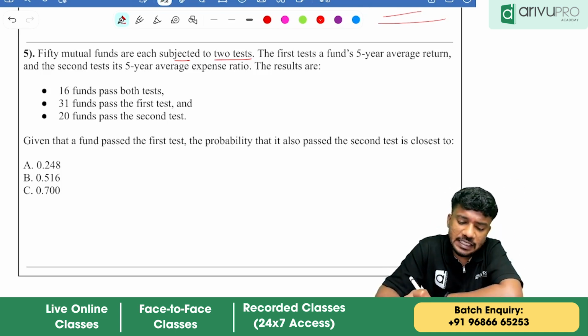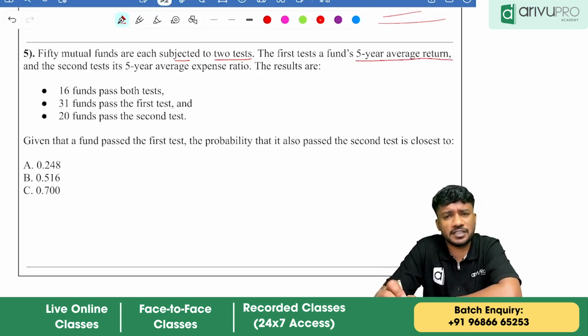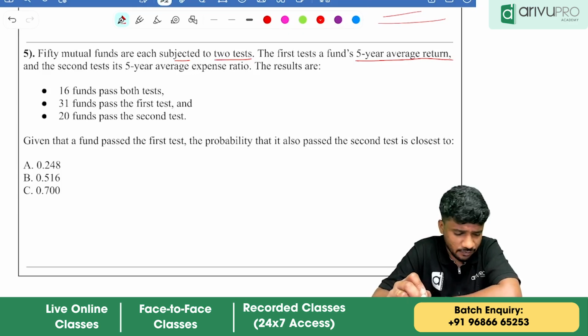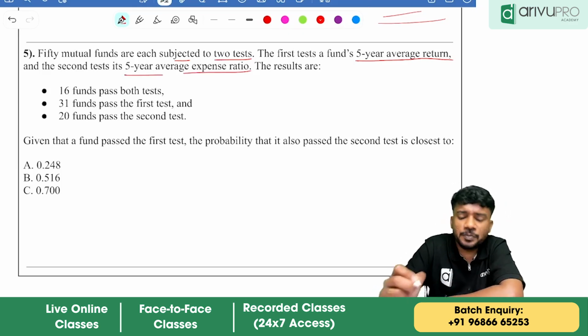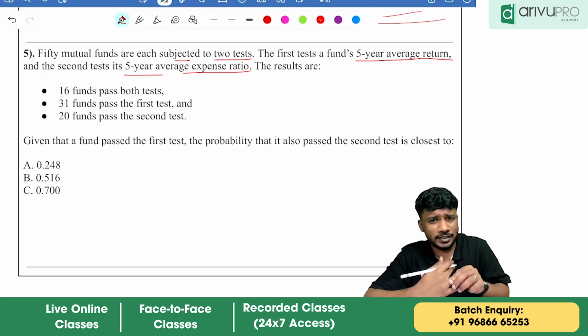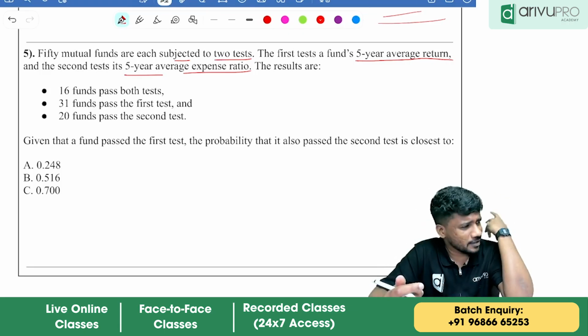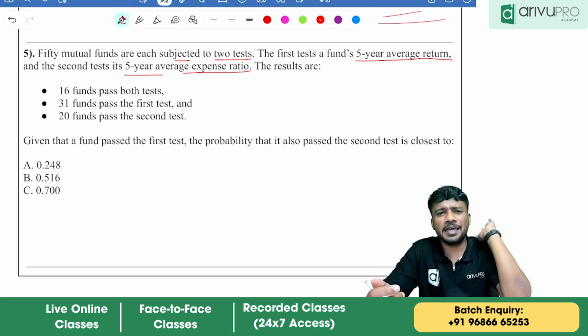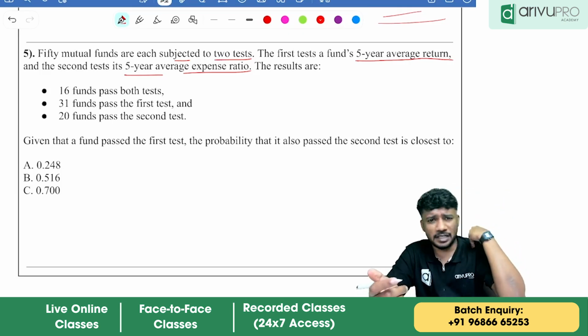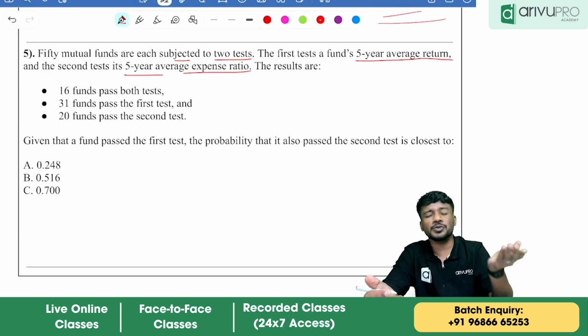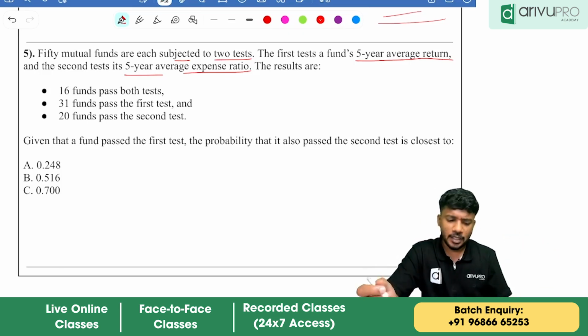The first test is the fund's 5-year average return, and the second test is the 5-year average expense ratio. These are the two tests. Let's say test 1 is considered as event A, and test 2 is considered as event B.